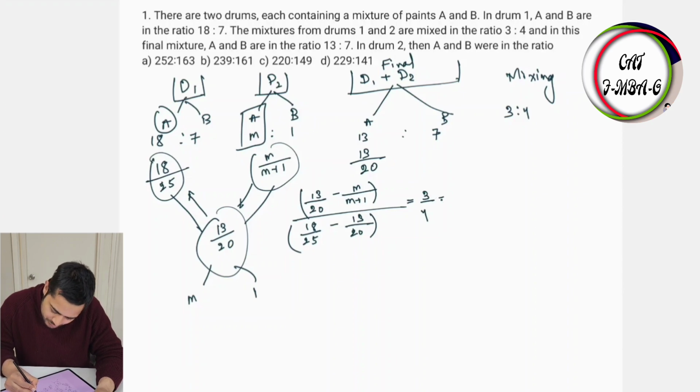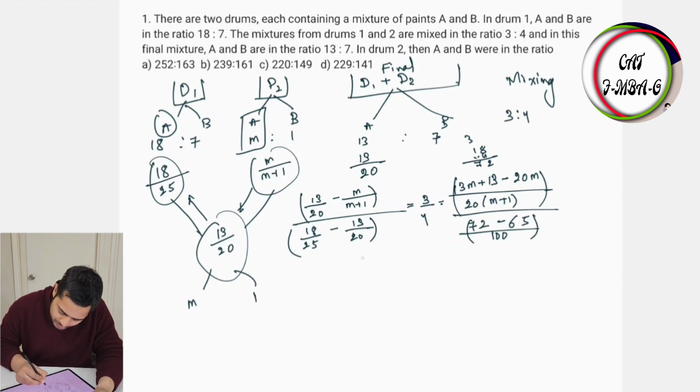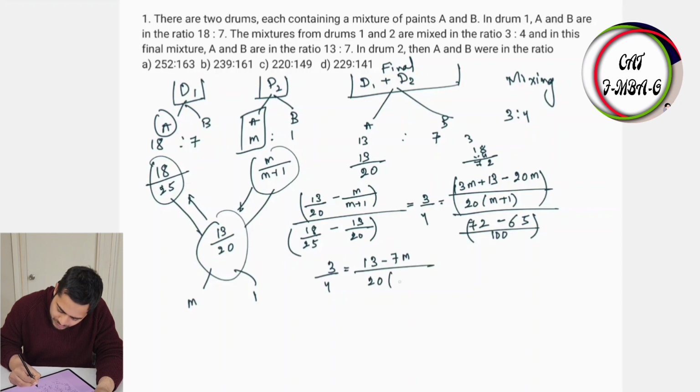So solving the equation, 13M plus 13 minus 20M divided by 20 into M plus 1, divided by, you can take the LCM, 100. So 18 into 4, it is 72, minus 13 into 5, 65. So 3/4 can be written as 13 minus 20 is 7M divided by 20 into M plus 1 into 100 divided by 7.